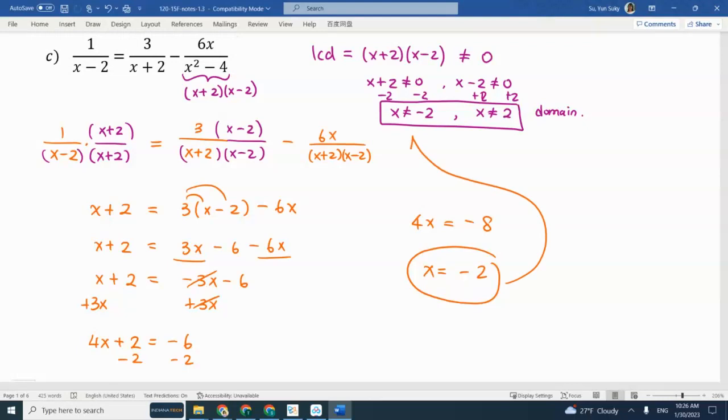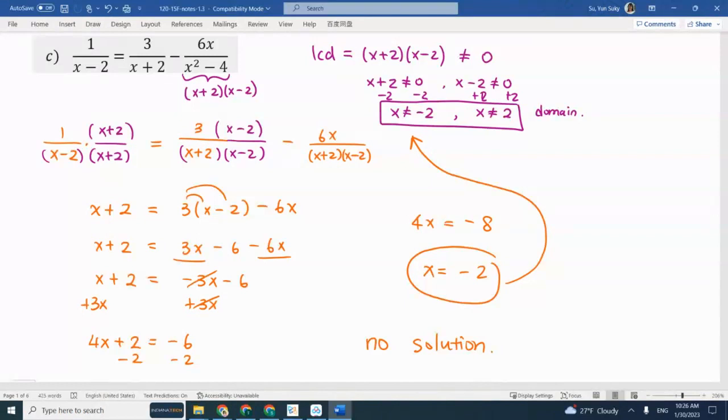Oh, no, what happened? It's outside of the domain. Okay, therefore, no solution. Yes, we find a number, but this is outside of our domain.